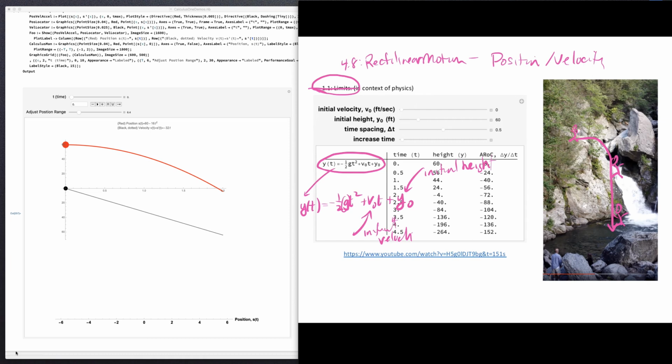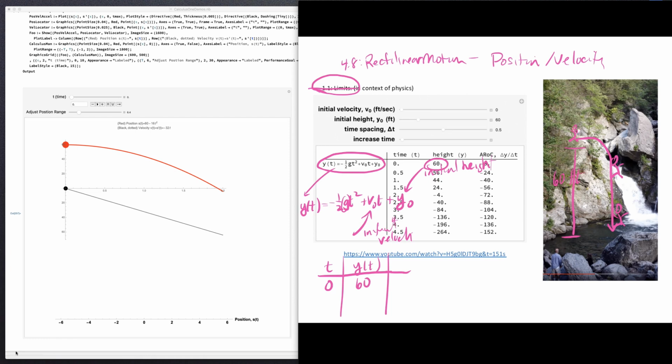What we are seeing in this problem is that at different values of time, the function y of t tells us about the position of the person who is jumping. At time t equals 0, their position is about 60 feet. This cliff is about 60 feet tall.